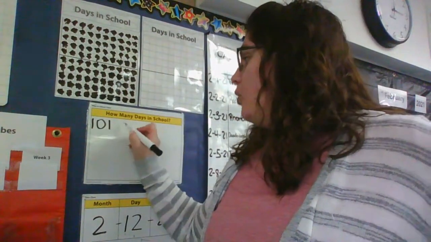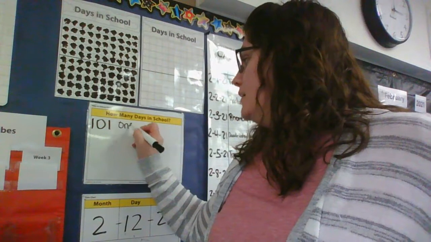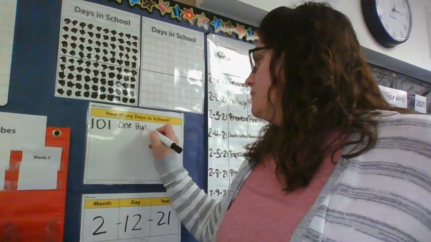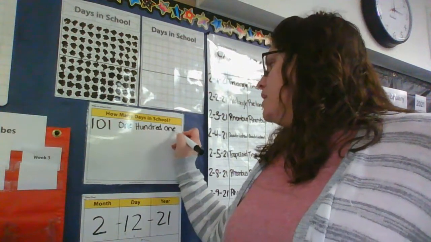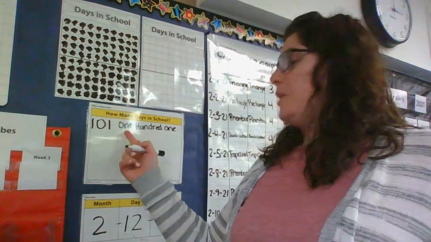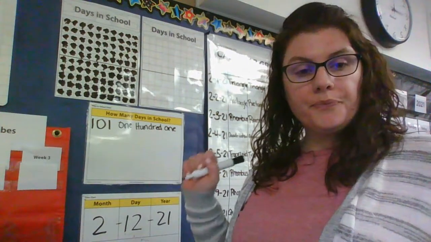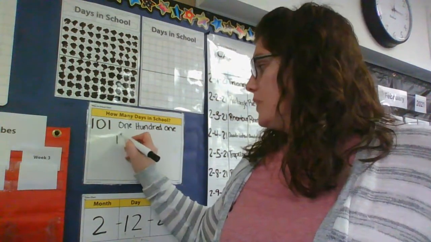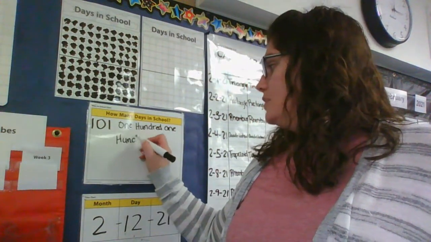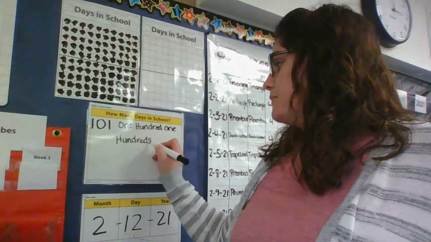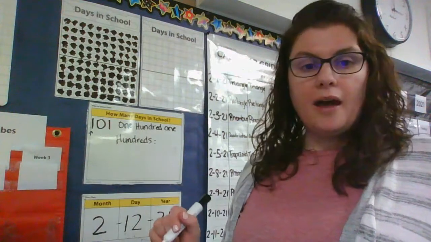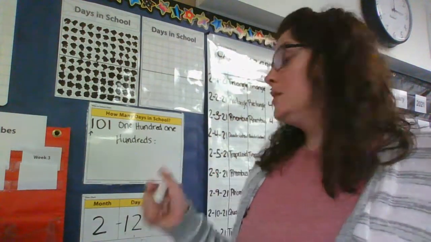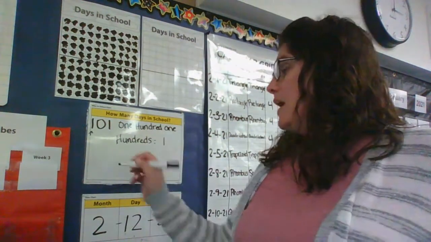If we're going to write that whole word out, it is 100, 1. So even though we say 101, when we write it out, we write 101. So how many hundreds do we have? Hundreds. This is a long word to write. Remember, this is our hundreds column. So how many hundreds do we have? We have 100. How many tens?